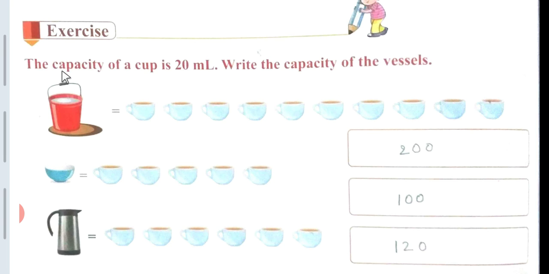Let's see the exercise. Next exercise. The capacity of the cup. Now it is asking about the capacity of the cup. The capacity of the cup is 20 ml. Write the capacity of the vessels, how much capacity of the vessel is here.